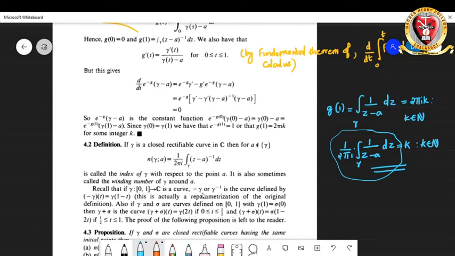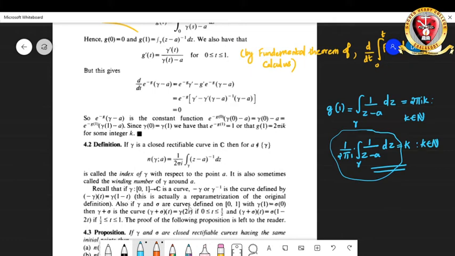And during the first sections, we said that if gamma is a curve from the closed interval [0,1] to C, then minus gamma or gamma inverse is the curve defined by reparameterization of the original definition. That is, minus gamma of t is equal to gamma of 1 minus t, where t is varying from 0 to 1.